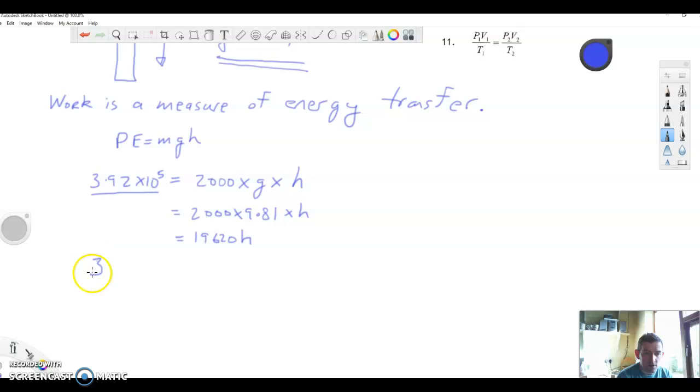So we get 3.92 by 10 to the 5 on top and 19,620 below. Use the fraction key on your calculator, divide those two numbers and that'll give you h.